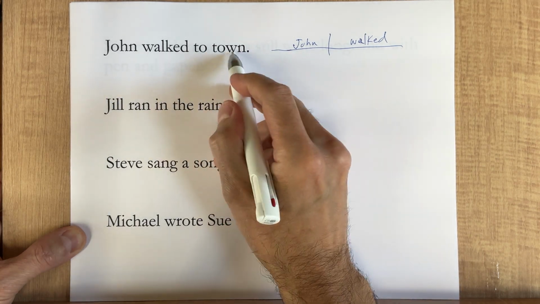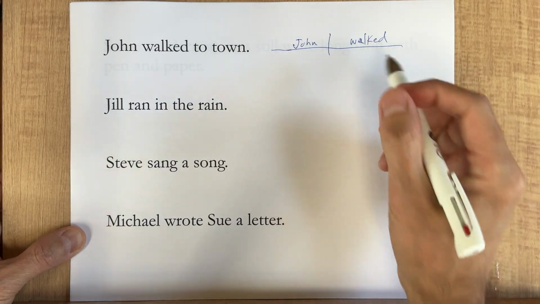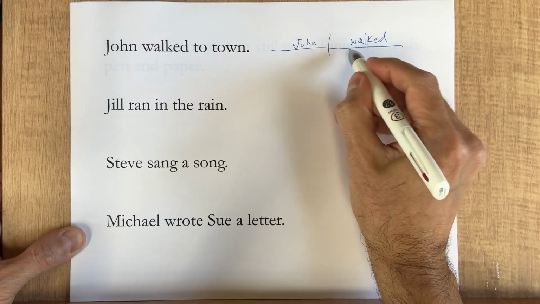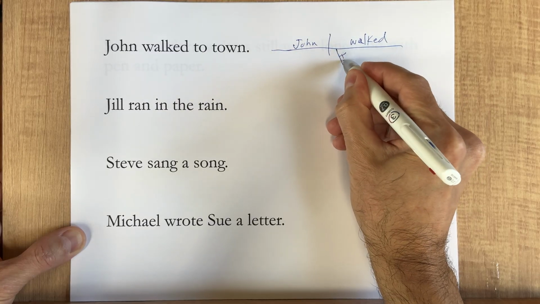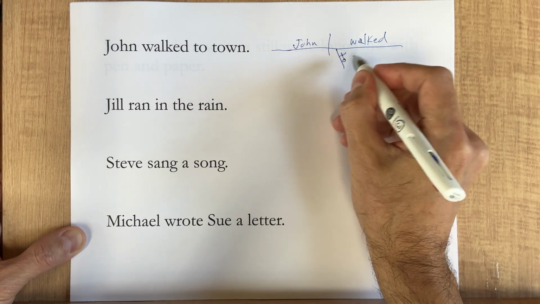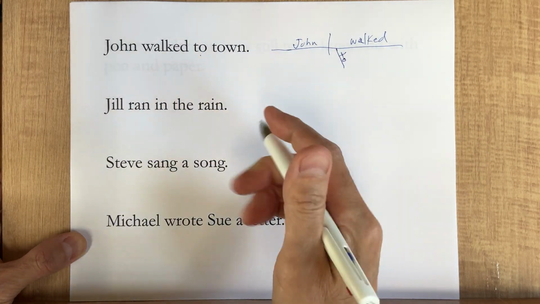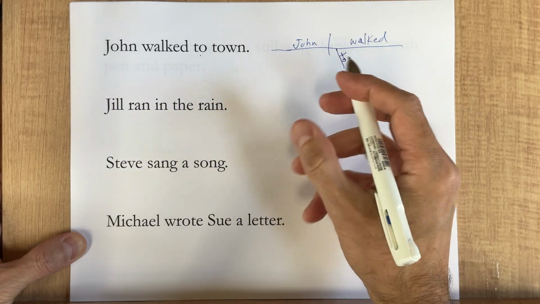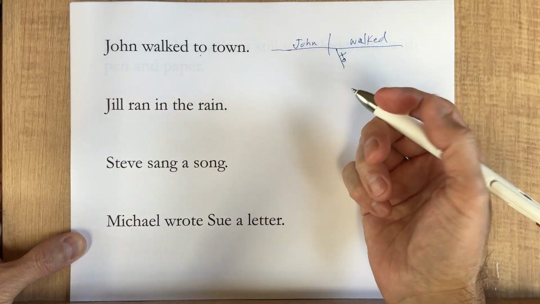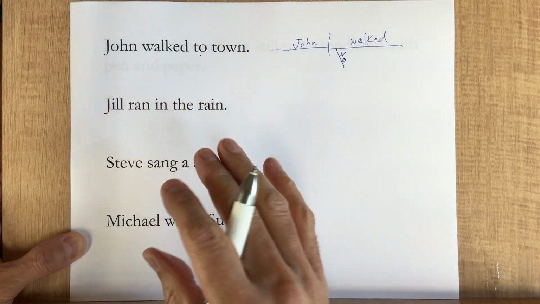But now we've got to town. So what happens in diagramming, you have to branch off from the verb, and the to goes here. To is a preposition. And when you think of prepositions, if you hack off the pre and you just say position, it'll let you know right away it's where in position, to town, or whatever.